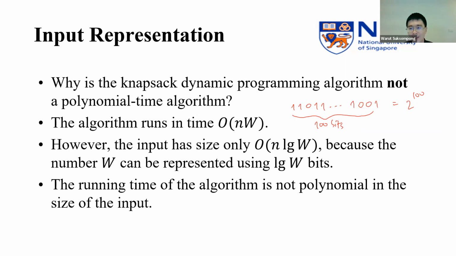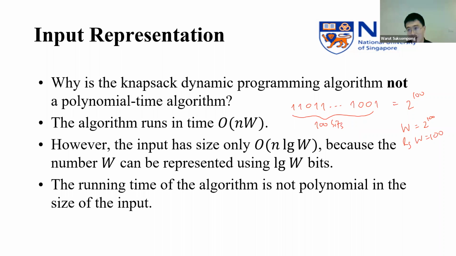So there's a difference between log W and W. Here the value W would be 2 to the 100, but to encode a number this large you just need 100 bits, so log W is 100.